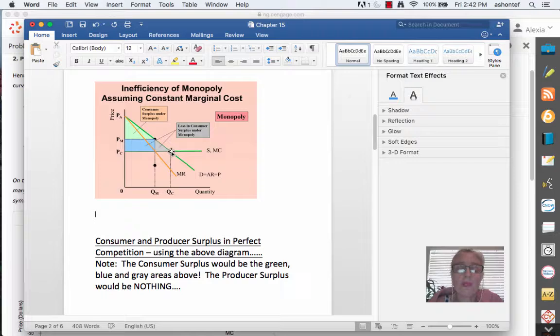That would be that point right there. And so this QC would be the quantity that the perfectly competitive firms would be putting out, and this would be the price being charged right here.